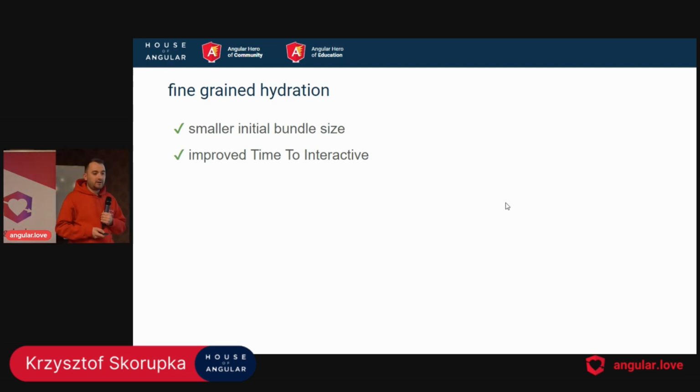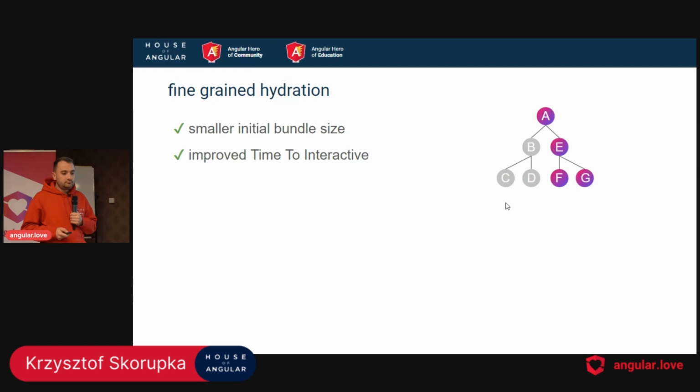So the part of our application that we need to be immediately interactive can be interactive much earlier. Okay, and regardless of the approach, whether it is subtrees or islands, or maybe we can go even further, but let's stick to that.